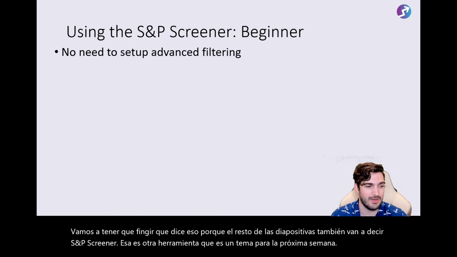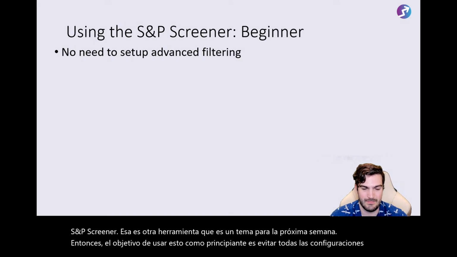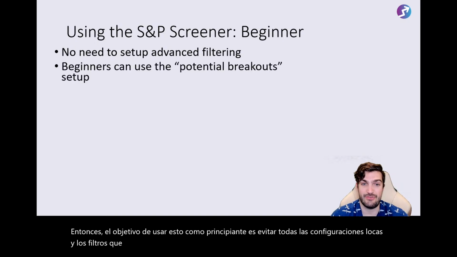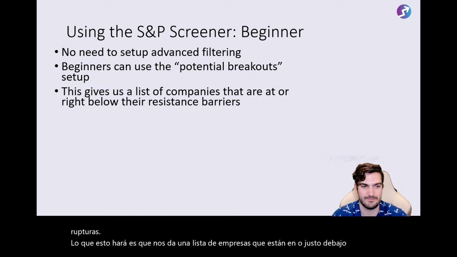So the goal of using this as a beginner is avoiding all of the crazy setups and filtering. We don't need it. We can start off by just using the potential breakouts setup. What this will do is it gives us a list of companies that are at or right below their resistance barriers.